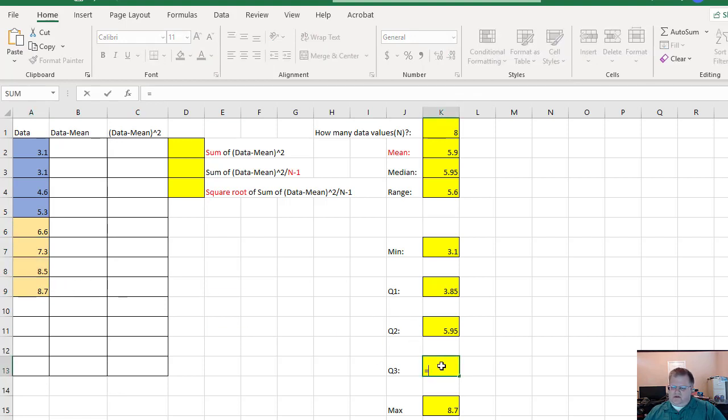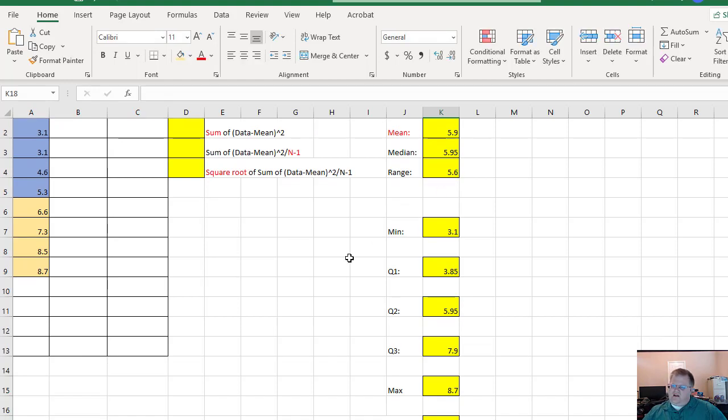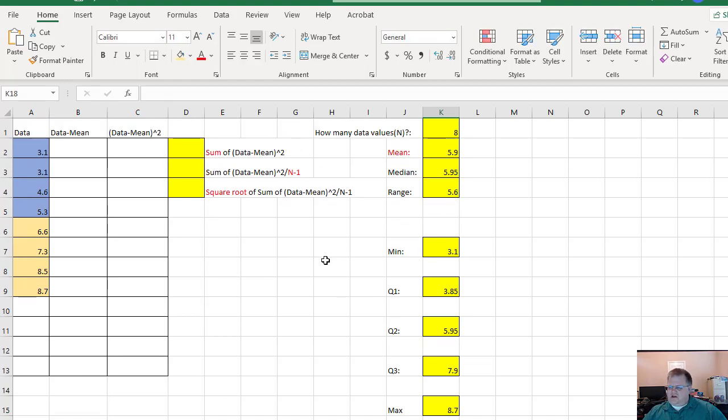So equals, parentheses, 7.3 plus 8.5, divide by 2. Okay. Range rule of thumb, that one you get off the formula chart. That's take the range and divide it by 4. It's a rough estimate of what the standard deviation should be close to.